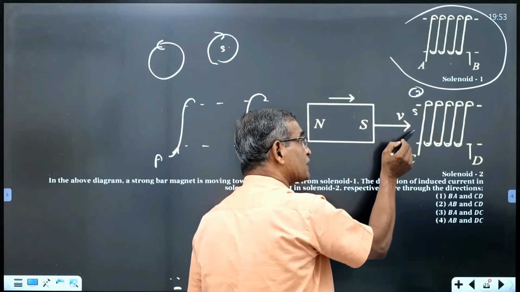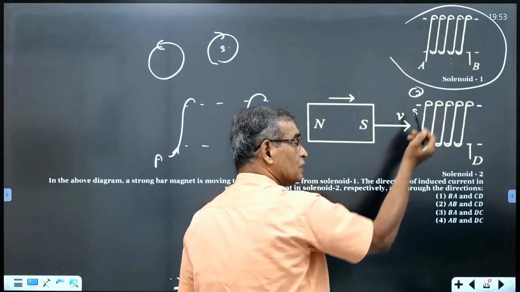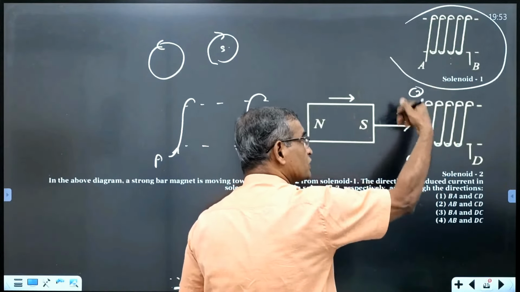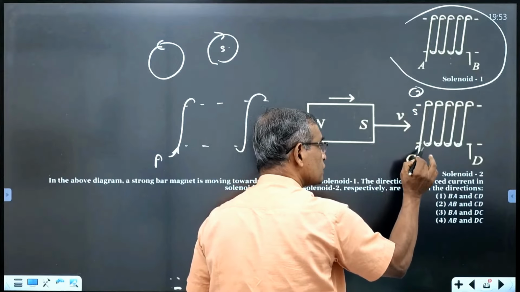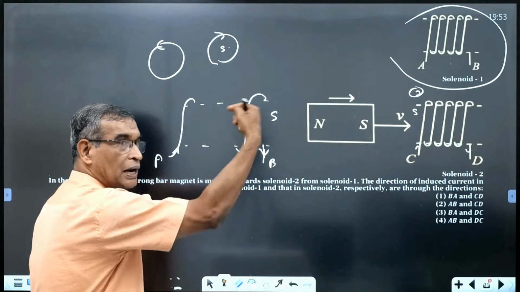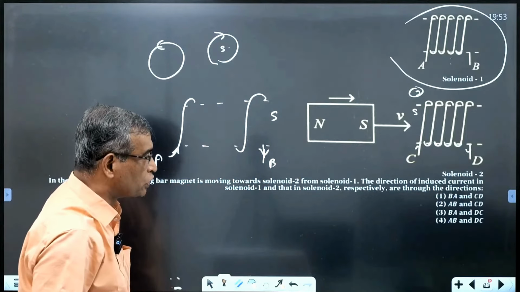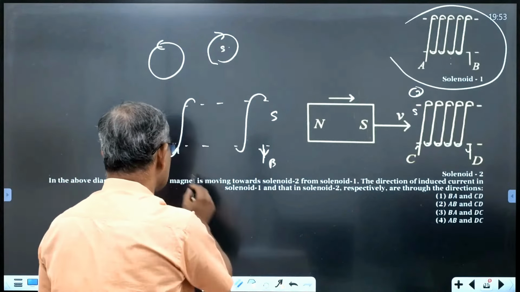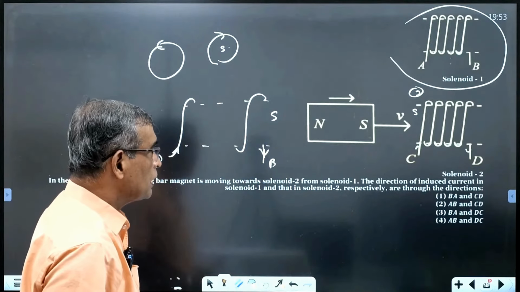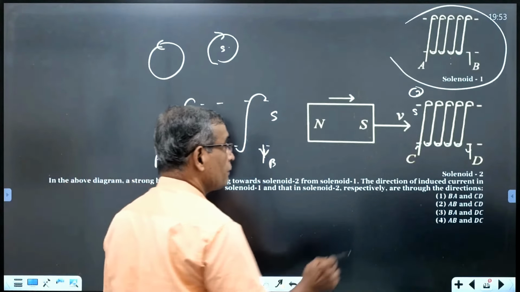If the current is like this, it is a clockwise current. Therefore, it must be like this, and the current is clockwise looking from there, from C to D. Therefore, here it is A to B, there it is C to D.